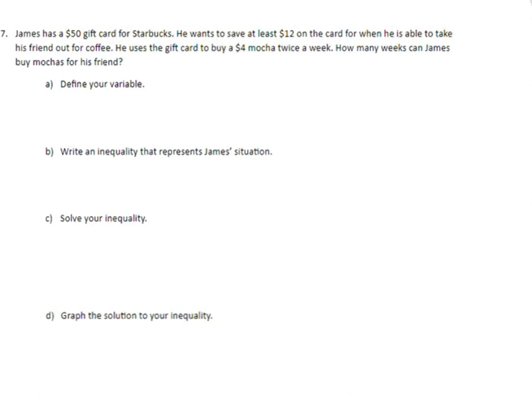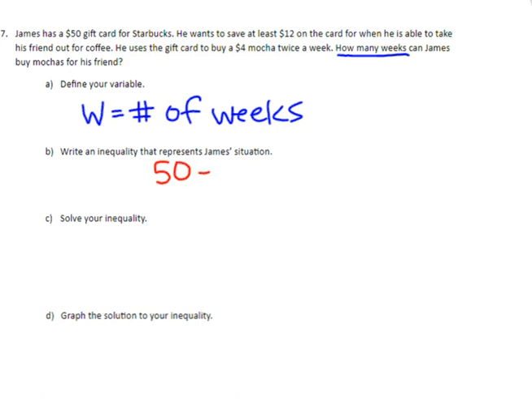All right, on to the last page, we're going to set up an inequality. It tells us to define our variable. To do that, look for the question, and that's going to be your variable. So W is number of weeks. Okay, inequality that represents the situation. He starts with $50, and each week he's going to spend $4 2 different times.